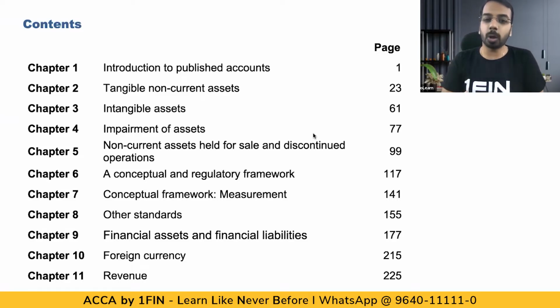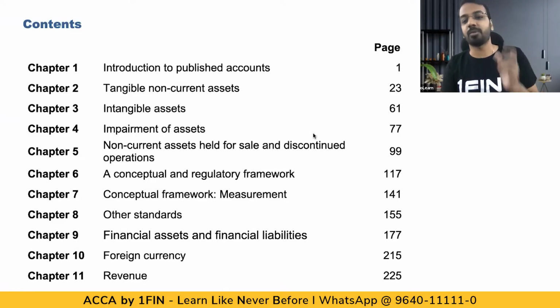Now, when we talk about financial reporting, the financial statements to the users of the accounts, whatever we would be learning in ACCA would be in compliance with IFRS, the International Financial Reporting Standards. So all the topics that we are learning are with respect to IFRS.